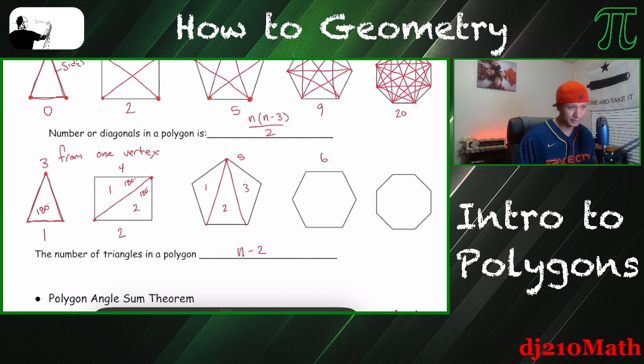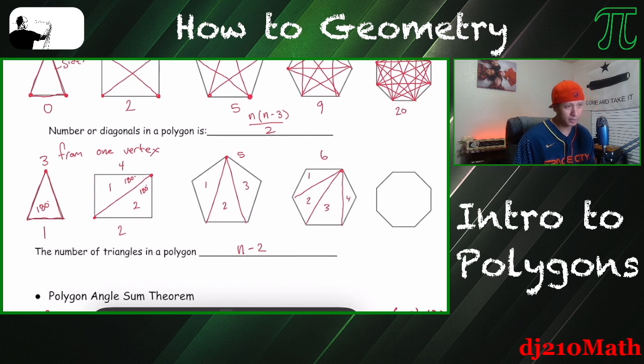A hexagon, a 6-sided shape, can be split into, well, it's supposed to be from vertex to vertex. That was bad. Into 4 triangles. And an octagon, an 8-sided shape, can be split into 1, 2, 3, 4, 5, 6.